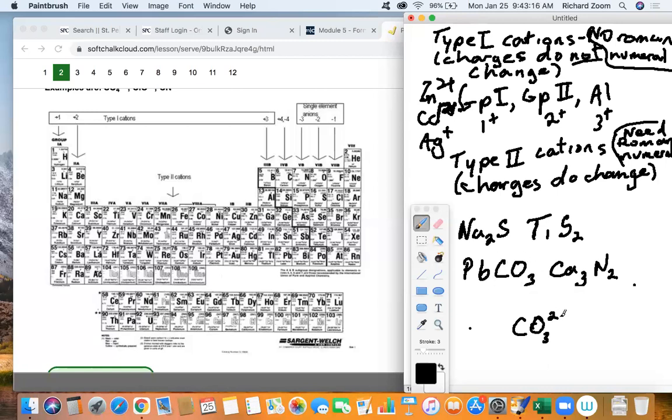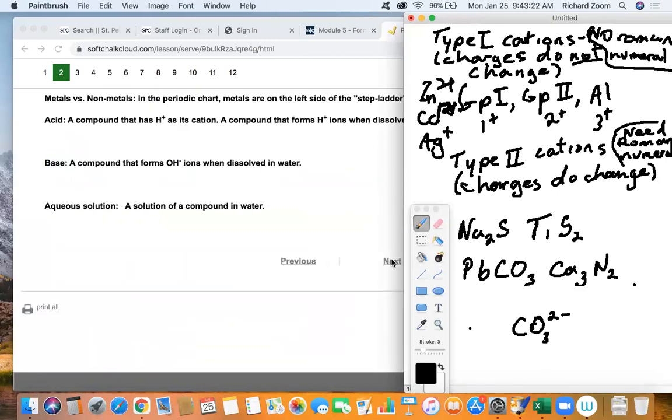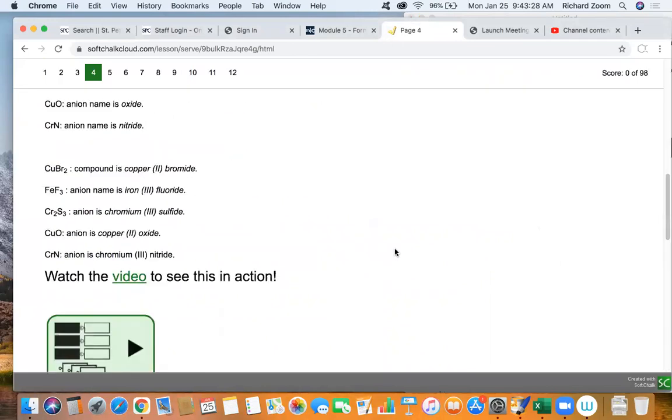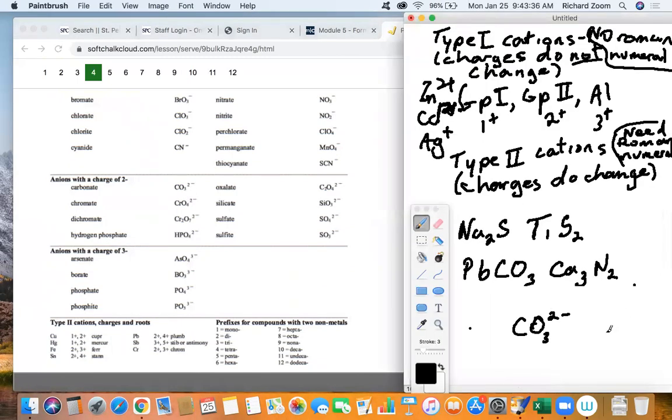So that means it's CO3, and that's -2. And again, you'll always have access to a polyatomic ion sheet, so you'll know what charge these have. So you've got carbonate down here, that's a -2 charge. So we know that CO3 is -2, and there's only one of them.